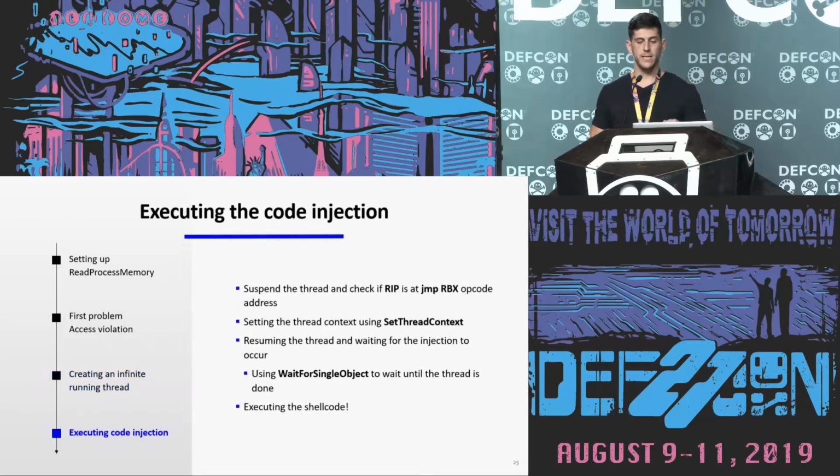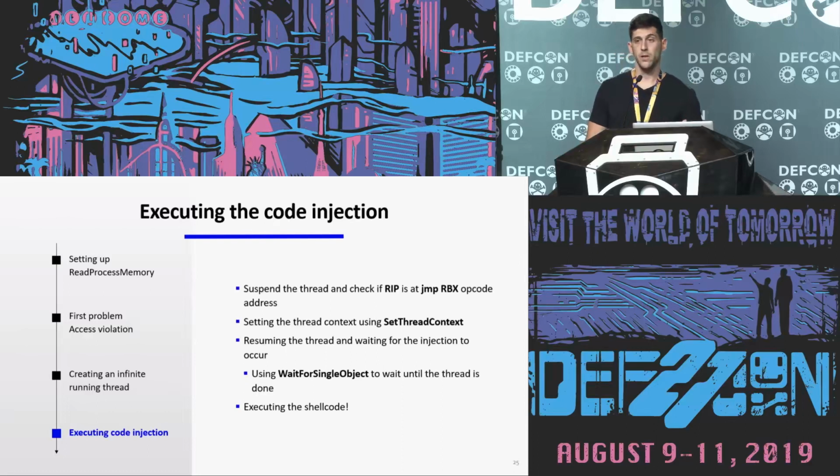Okay, so now let's execute the code injection. We will suspend the thread and see that RIP really points to our jmp RBX opcode, so we know that the thread was initialized and everything is okay. And then we'll start setting the thread context. RCX is going to point to the duplicated handle we duplicated.